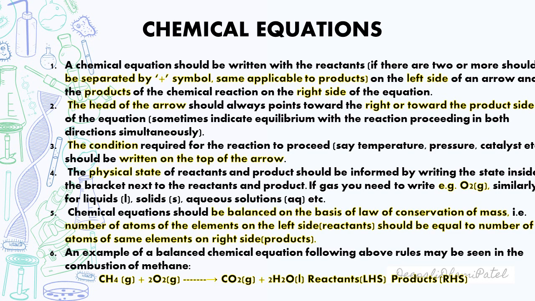An example of a balanced chemical equation following the above rules can be seen in the combustion of methane: CH4 (gas) plus 2O2 (gas) gives CO2 (gas) plus 2H2O (liquid). Reactants on the left-hand side and products on the right-hand side.